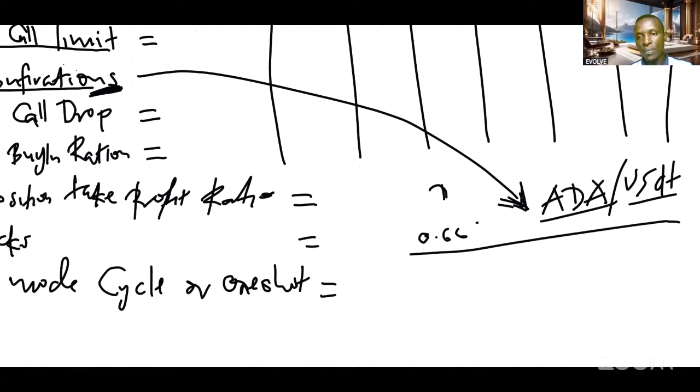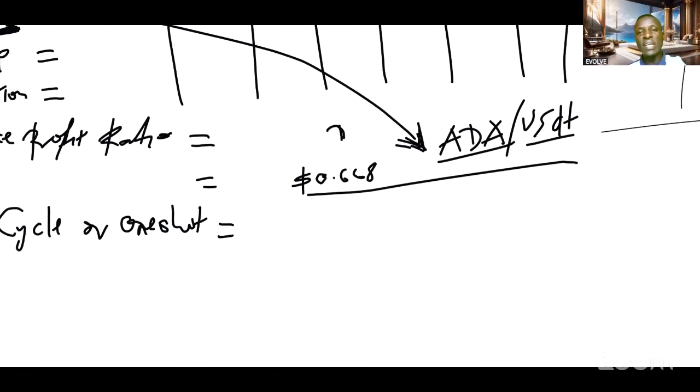However, if you are using a signal, or if you picked ADA from CoinMarketCap, and you were able to determine, considering the previous data, that this ADA has the potential to drop by negative 20%.